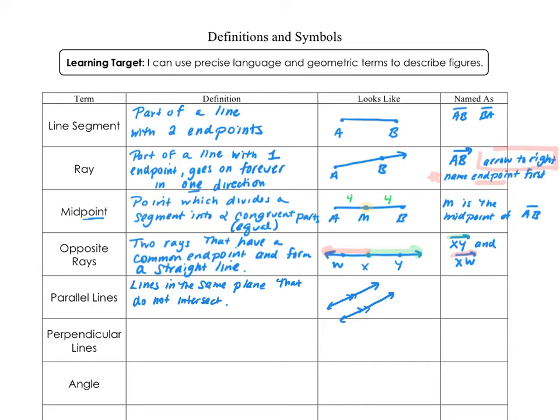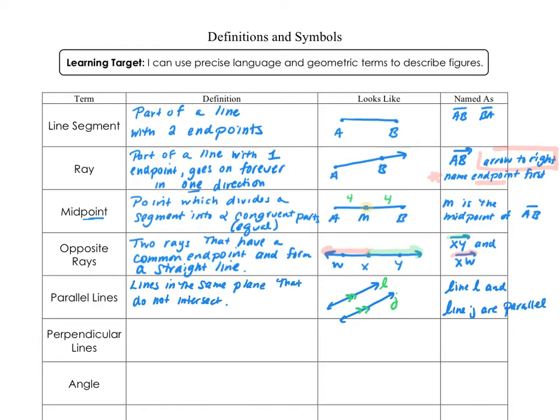Okay, so those little funky arrows in the middle of the lines, and I'm going to highlight with a different color, those arrows indicate to us that the lines are parallel. So if I call the first line L and the second line J, we can say that line L and line J are parallel.